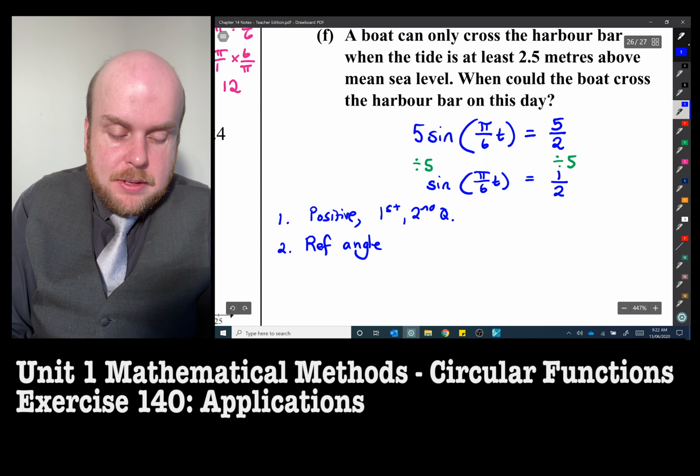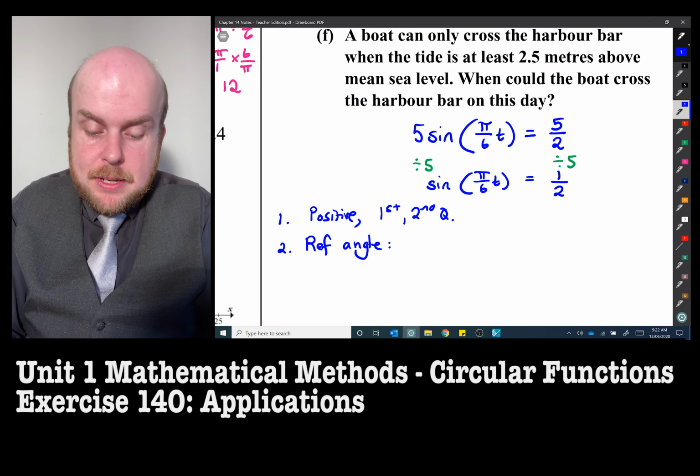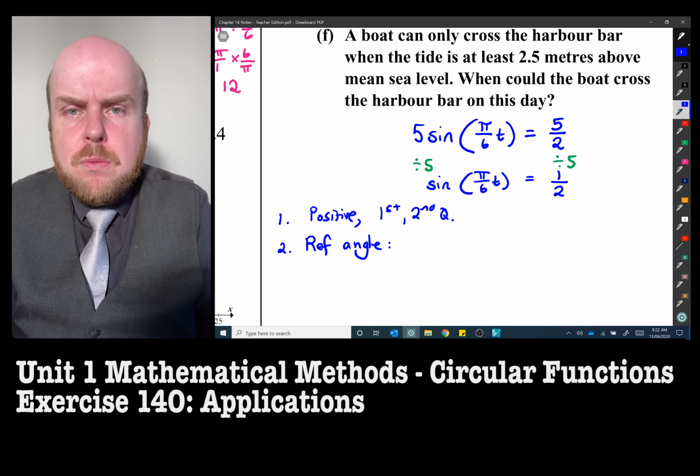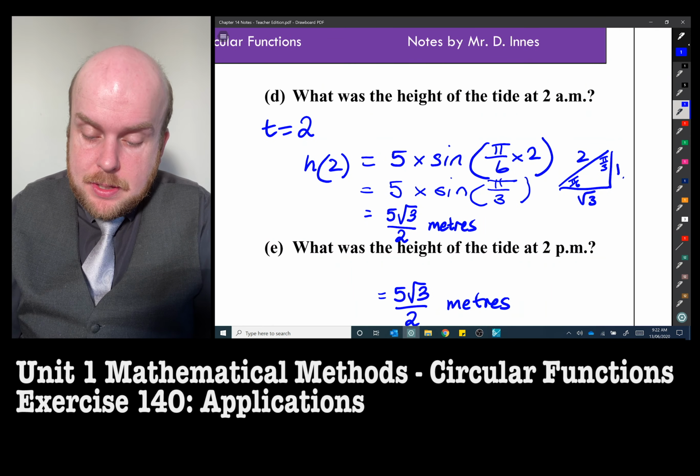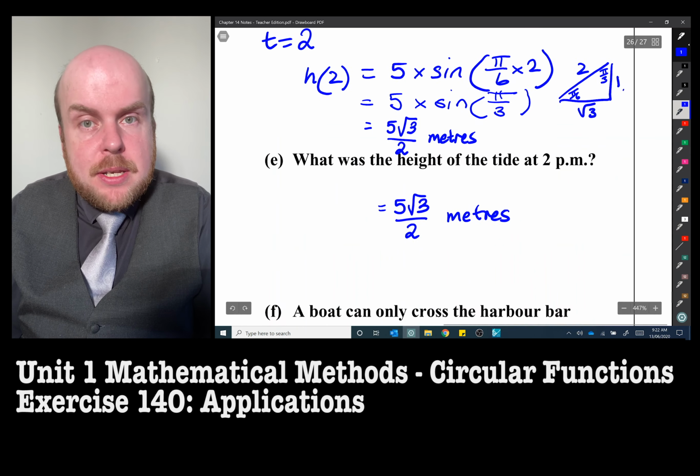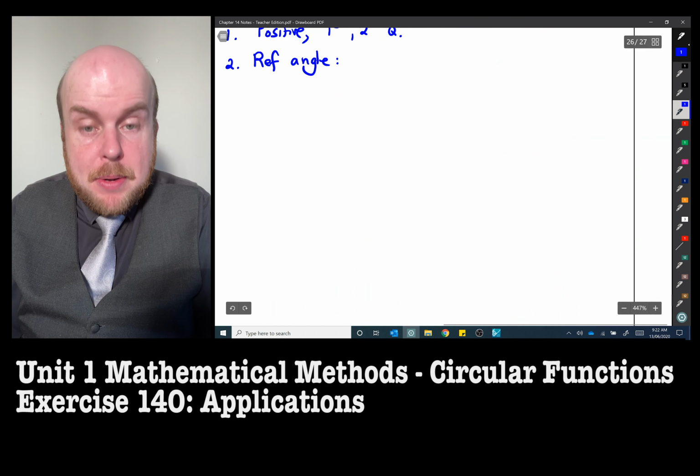The reference angle: so sine of what gets me 1/2? Sine is opposite over hypotenuse, so it's going to be pi on 6.